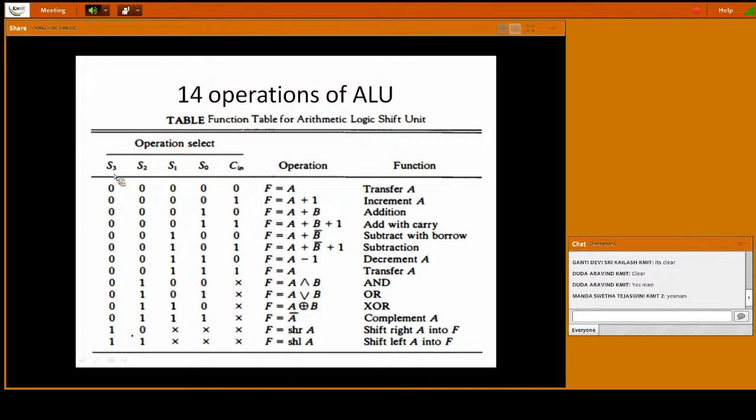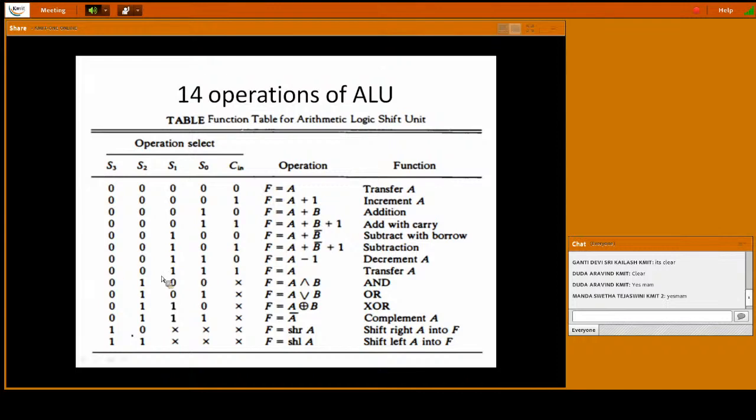See, S3, S2, S1, S0 and one more is Cn. This Cn is used whenever you want to get an arithmetic micro operation. But this Cn is not required for logic micro operation because carry is not required for logic micro operation, and for shift micro operations also carry input is not required.